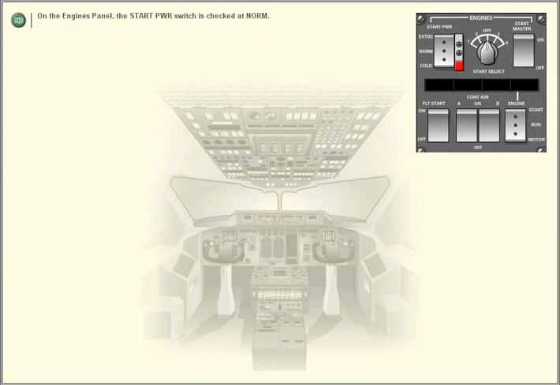On the engines panel, the start power switch is checked at normal. The start master switch is selected on.